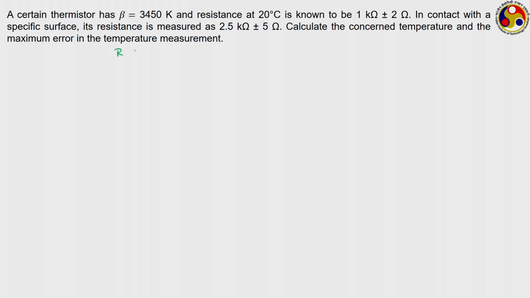We know that the temperature relation is given as RT equal to R naught into exponential of beta into 1 by T minus 1 by T naught, or log of RT by R naught is equal to beta into 1 upon T minus 1 upon T naught.